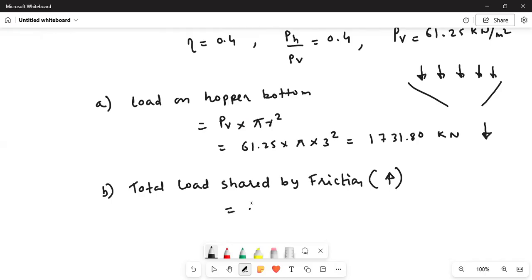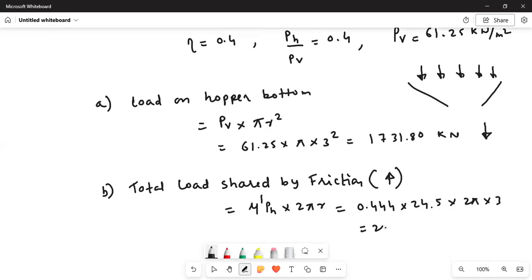The formula is mu dash into pH into 2 pi r, because the frictional force is acting on the circumferential area. Sorry, this is not pi, this is mu dash, that is 0.444, into pH which is 24.5, into 2 pi into 3.